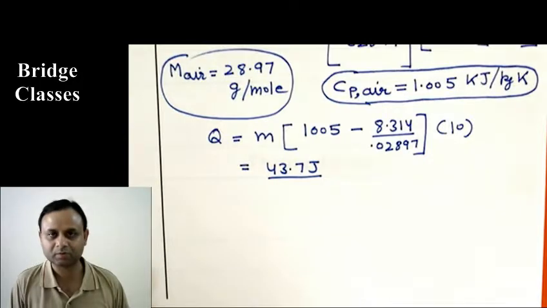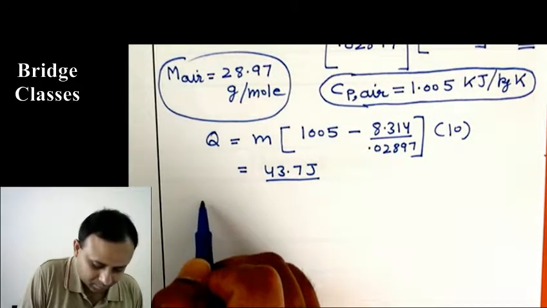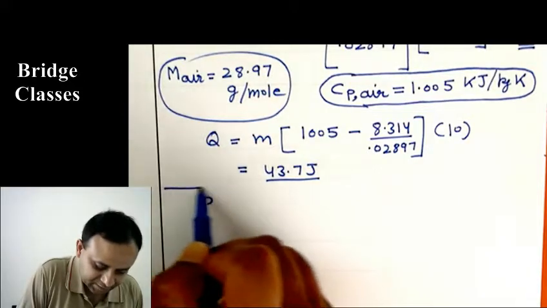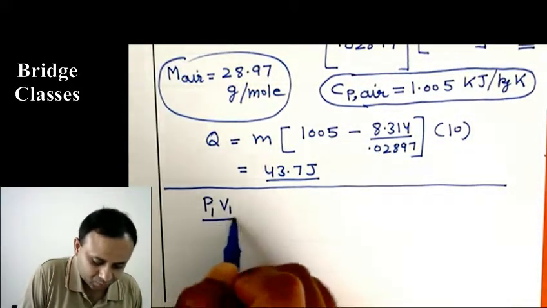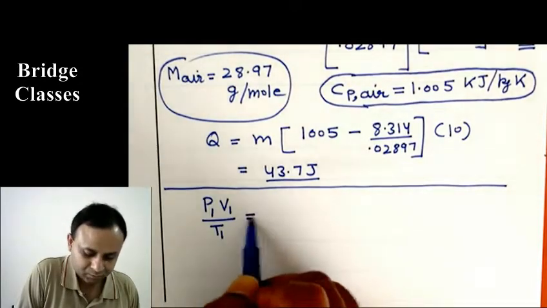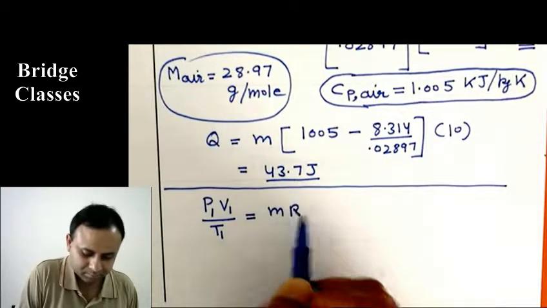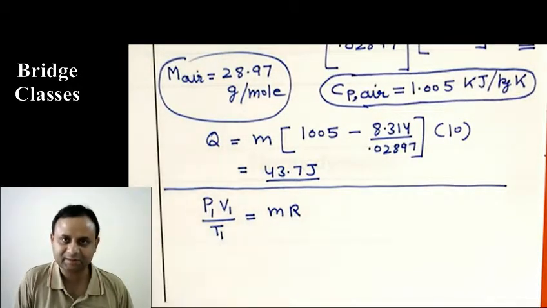And we have to also determine the final pressure in gauge, P2 in gauge. Because it is an ideal gas, you can write P1 V1 over T1. What is this equal to? This equals mR, because PV is mRT, that is the ideal gas law.